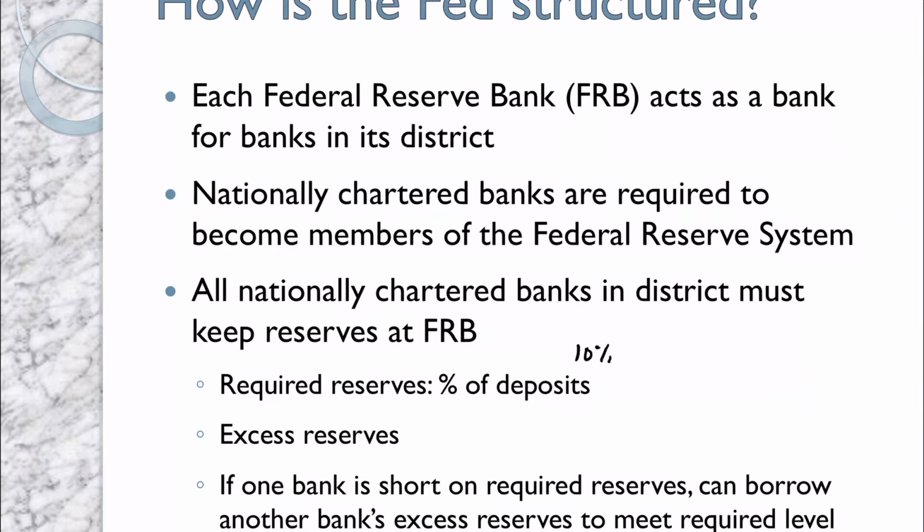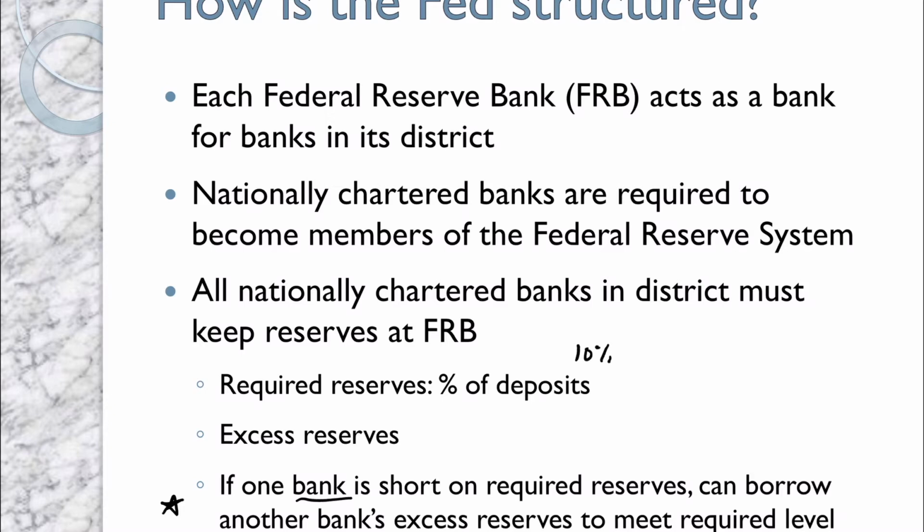If it happens to be between the Federal Reserve Bank in that district and the bank, then you would use what is called the discount rate, and that occurs in emergency situations. Both of these rates for banks borrowing will be discussed in more detail in the upcoming slides.